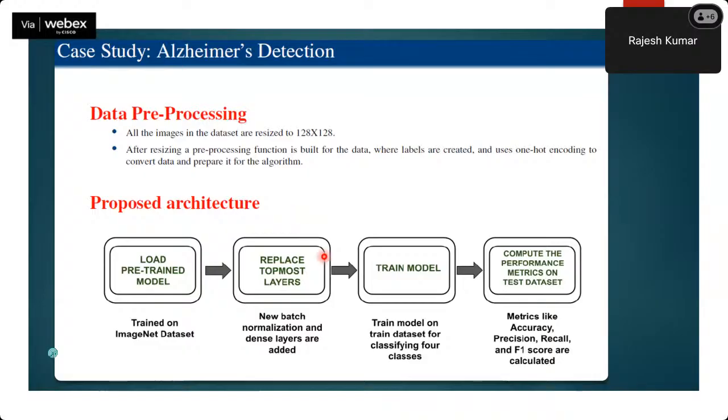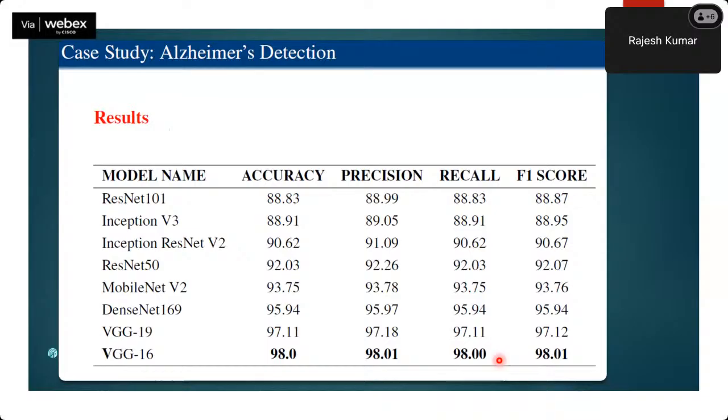Otherwise, we would need high computing systems. Then we train the model and check the performance of each. I think you are now well aware of these parameters like accuracy, precision, recall, on which we evaluated.